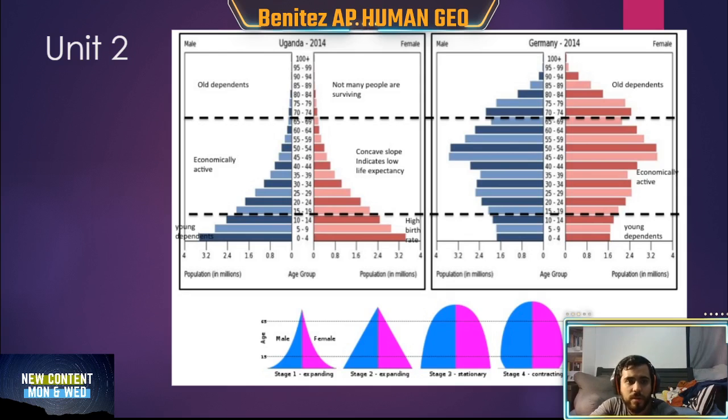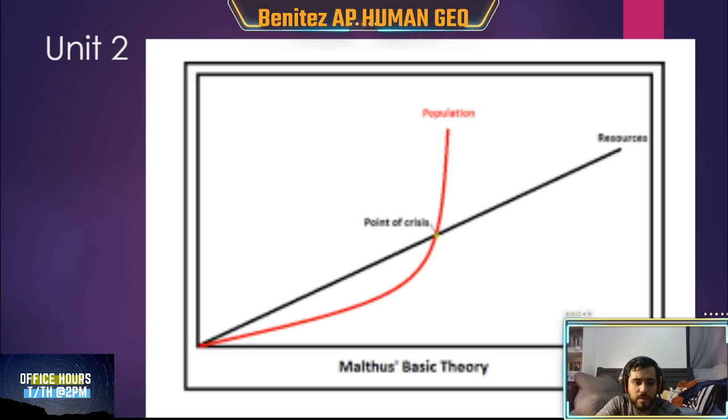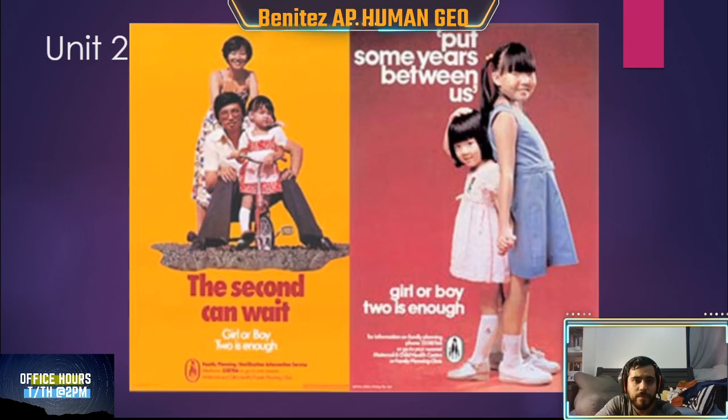Here's a quick review. So far in Unit 2, we talked about something called population pyramids. We talked about the demographic transition model, which has 5 stages. It tells you what stages the countries are in. We have talked about Malthus theory. We also talked about pro-natalist and anti-natalist policies.